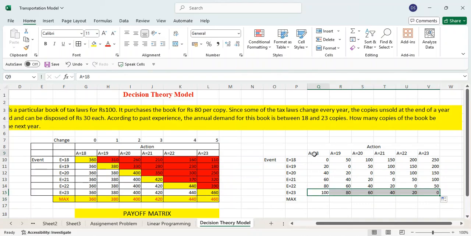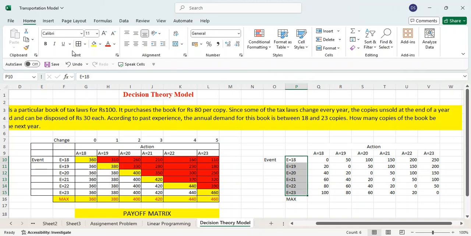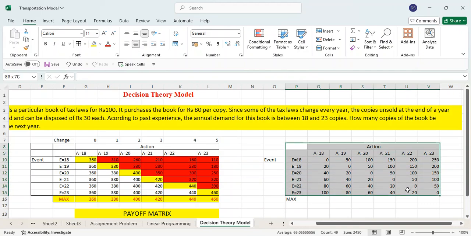In this way, I have to calculate my regret table as well, because both tables have their own meaning, and you have to understand what my regret value should be and what the payoff matrix should be.